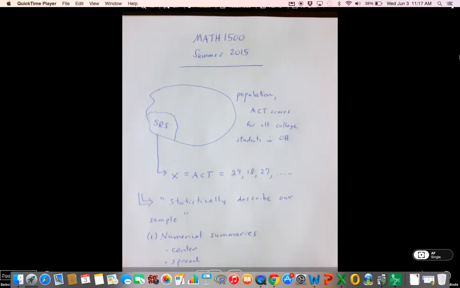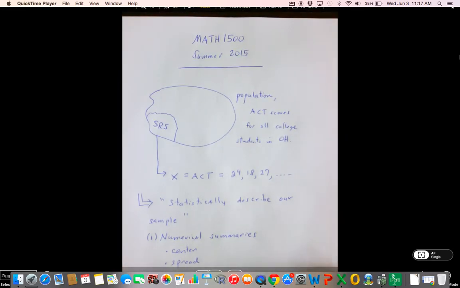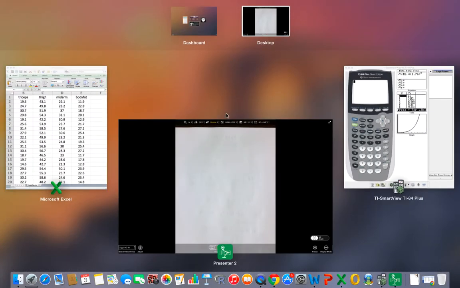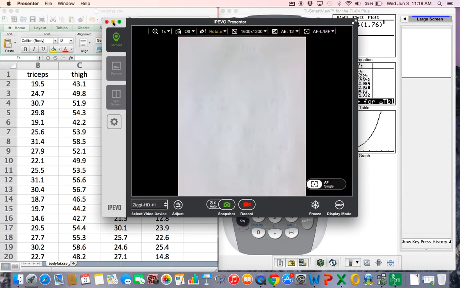And so in my feeling, at least, the best thing to do is let's start with some data. Now, I don't have any ACT scores, but what I do have is a data set that I've uploaded to Blackboard called body fat. So let me get out of here, get out of this right here and minimize this.